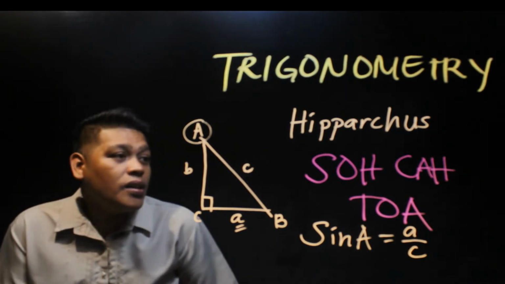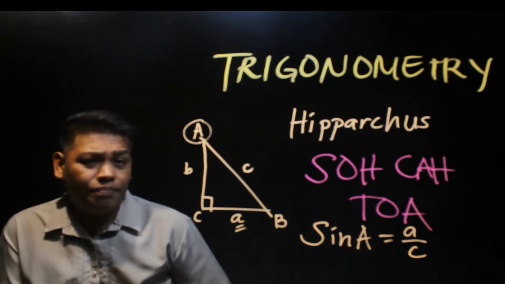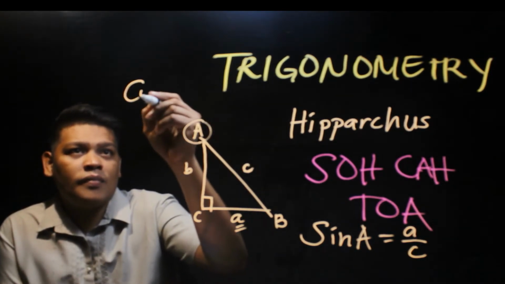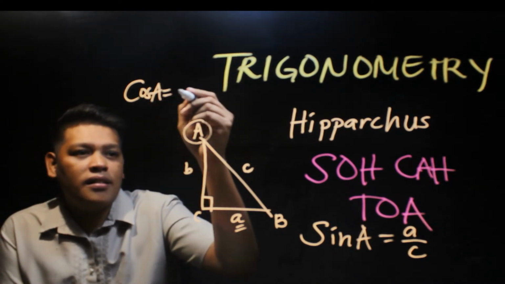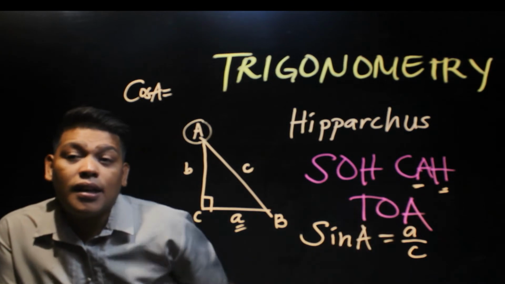So the cosine A is the adjacent over the hypotenuse.